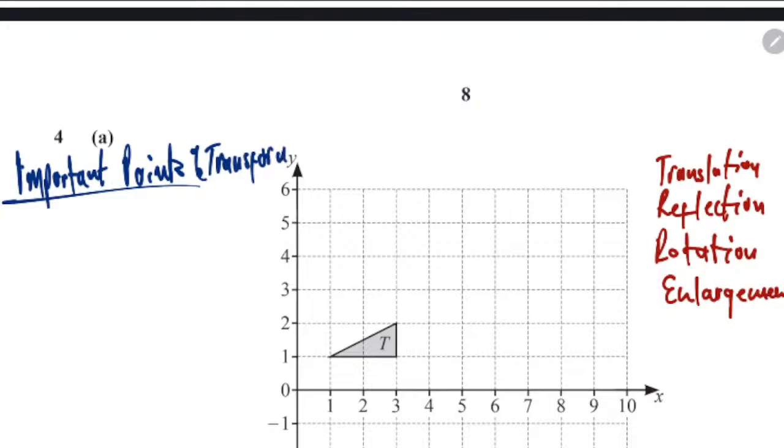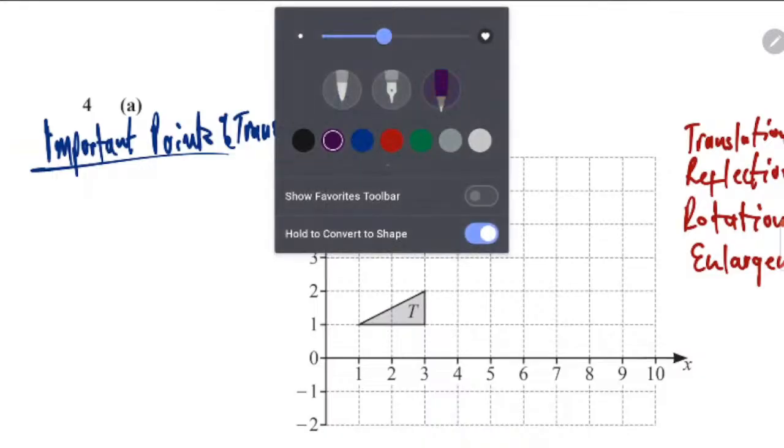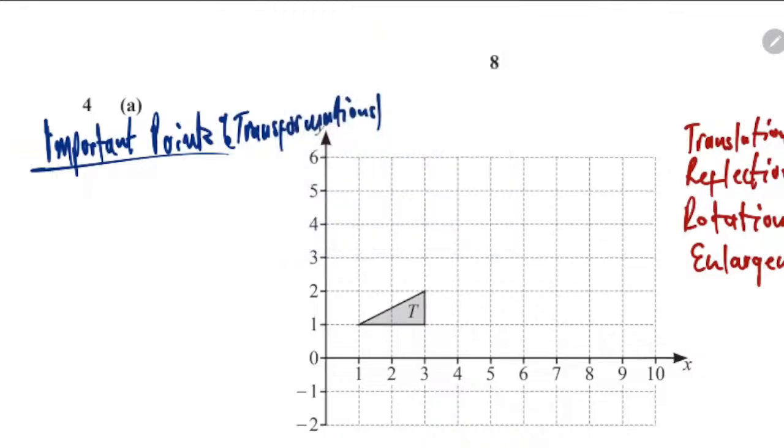I want everybody to know important points because those are the ones you use when you meet your own type of question. And you are not allowed to break any rule here. So here's the first point. Listen closely. I would rather have you forget my solution, but don't forget the points. Don't forget the procedure. Don't forget the method, because that's the one you are going to use in your question. And I want to see it.